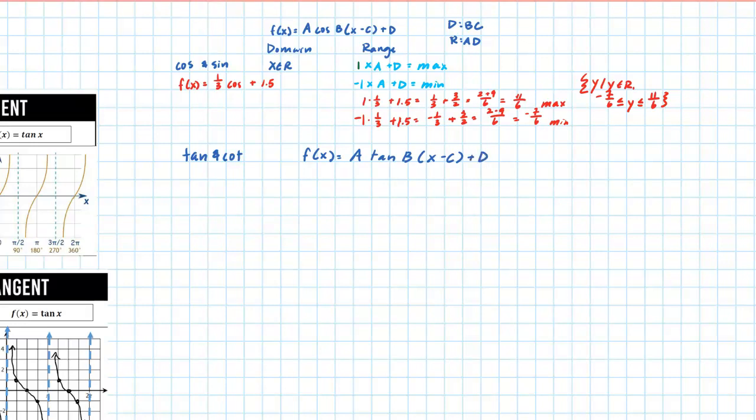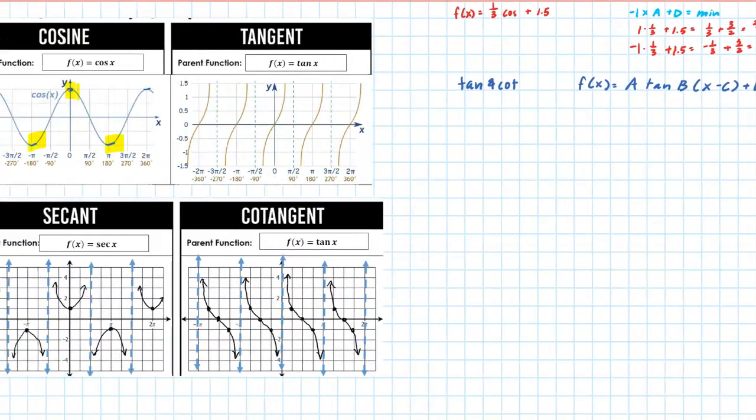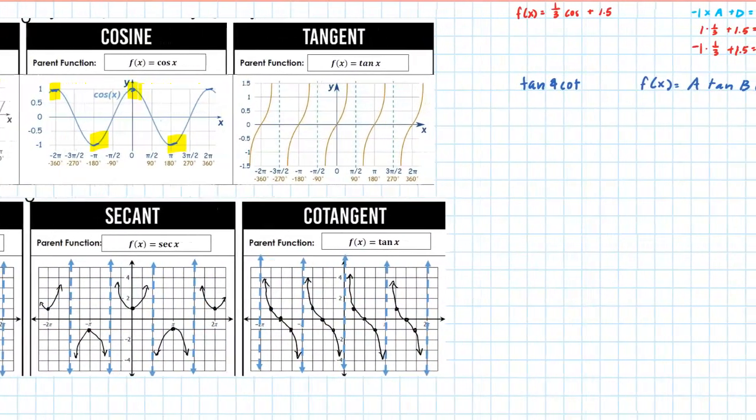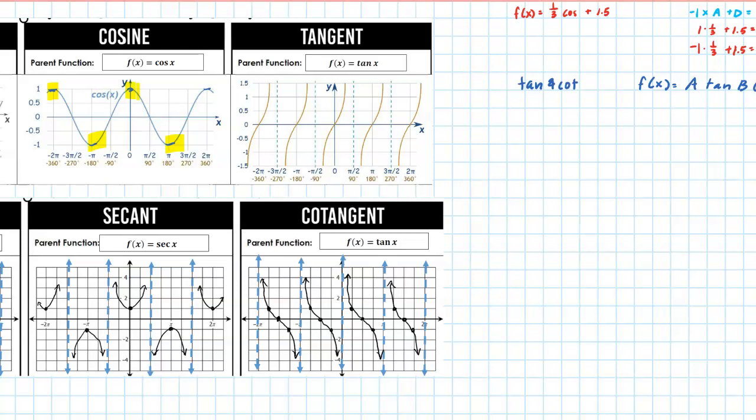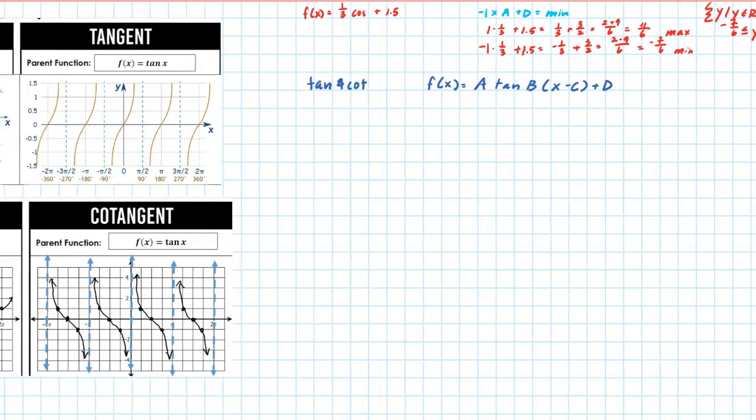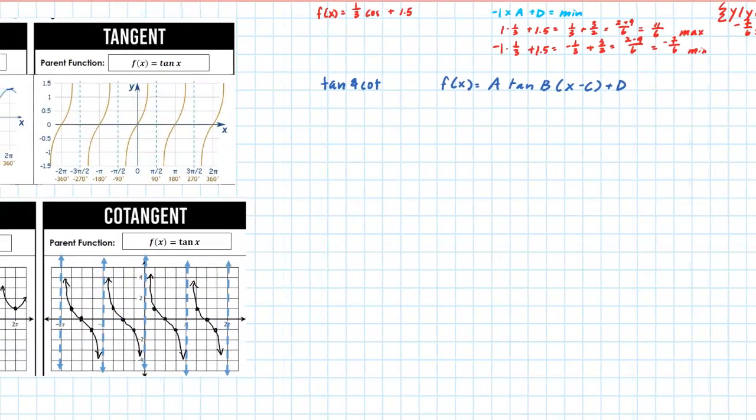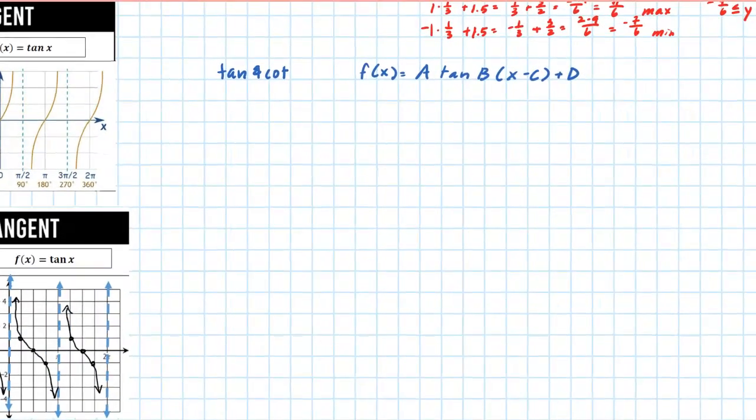And so the domain, now if you look at tangent and cotangent, there are clearly asymptotes. When we look at the domain and range, the domain is all real numbers, and it excludes the asymptote.